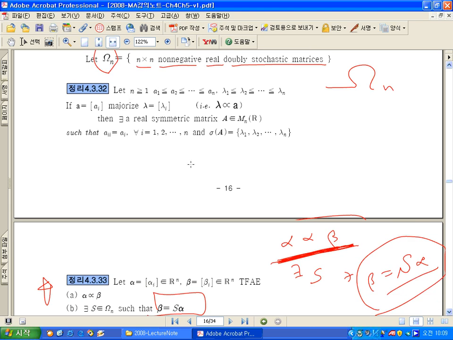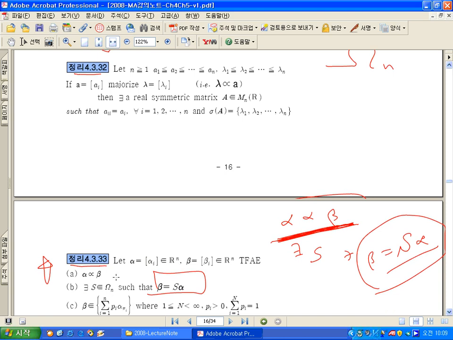Then we can have better theorems, such as theorem 4.3.32 and 4.3.33. Let's see.